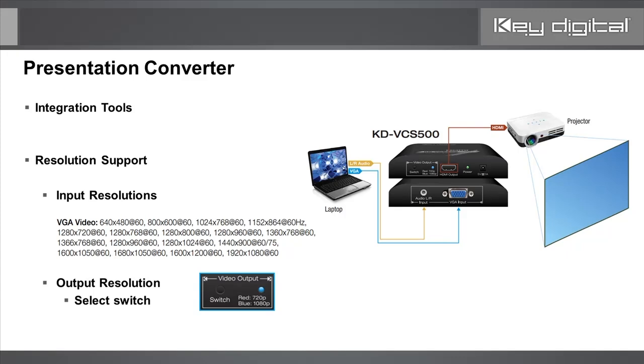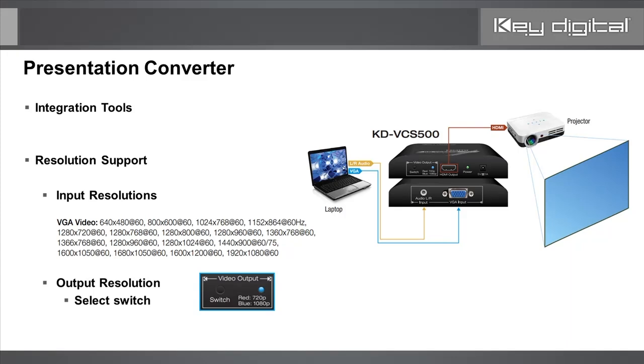And one of the really simplistic yet very useful integration tools is the button press that allows you to choose to fix the output resolution to 720p or 1080p. This is really, really important because a lot of times when you're doing VGA to HDMI, the screen might not be filled properly on the display or on the projector.